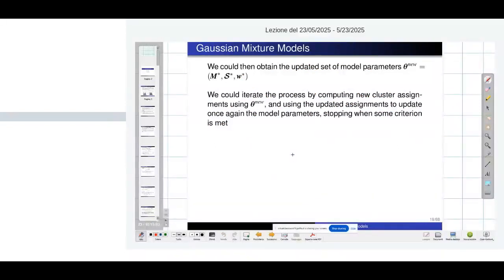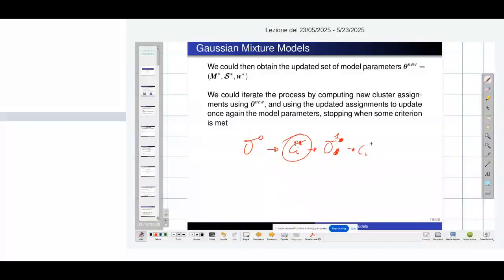So now we have all the steps to do everything. Given an initial set of parameters, well, we still need to decide how to find a good initial value of the parameters, but given an initial value, we know how to compute cluster assignments for that set of parameters, and we know how to maximize the likelihood that I would have if these were the real observed cluster labels for the samples.